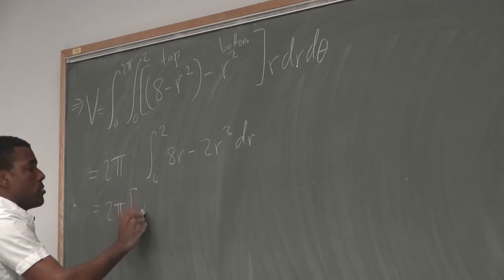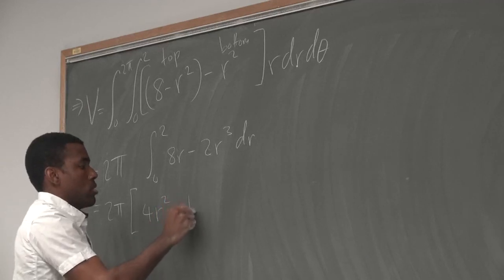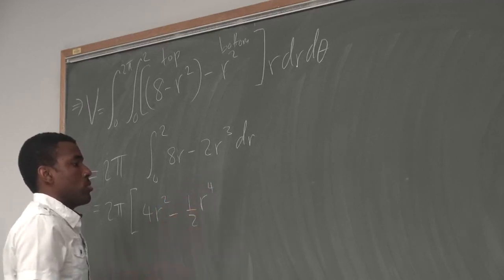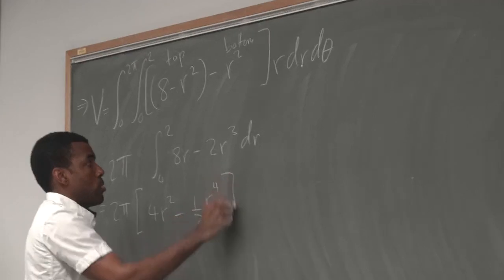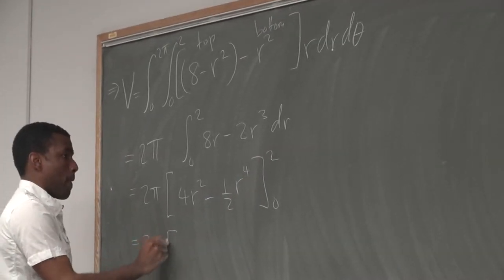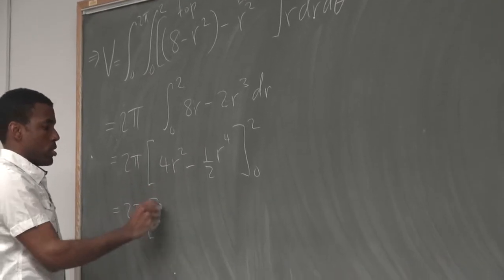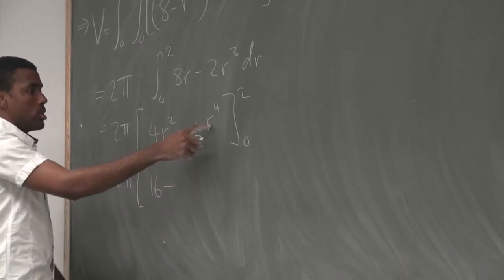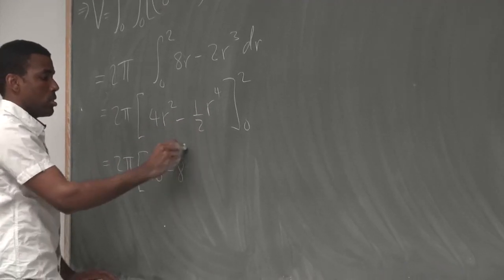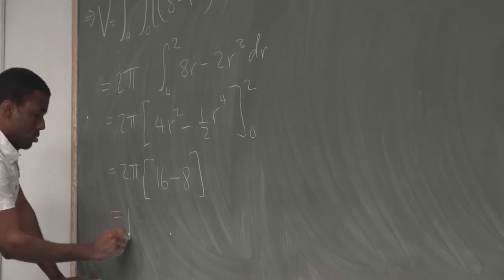So this would be 4r squared minus 1/2 r to the 4th. At 2 here, 4 times 4 is 16, 16 minus 8. So that's just going to be 8 times 2 pi.